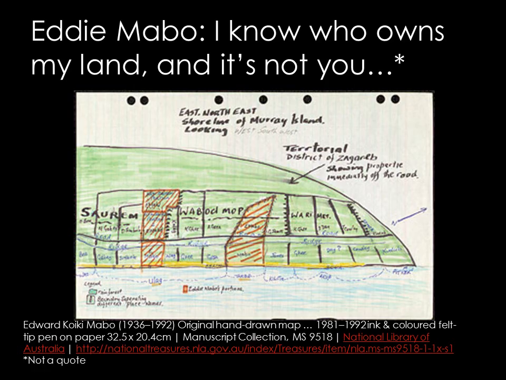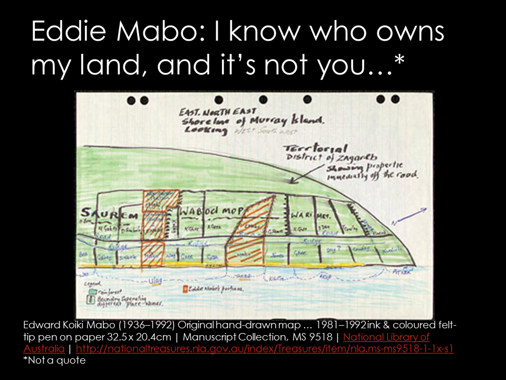There was a seismic shift, however, in the decision of Mabo and the state of Queensland. So let's have a look at the impact of the decision in Mabo on the structure of Anglo-Australian land law. The claim was brought by a number of traditional owners from the Murray Islands in the Torres Strait, so to the north of Queensland.